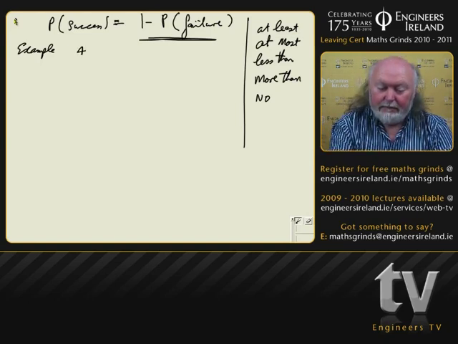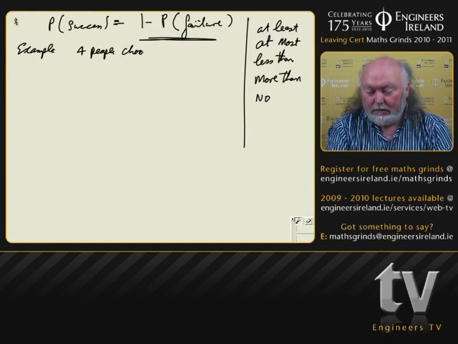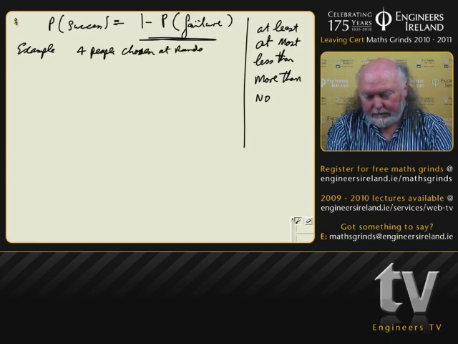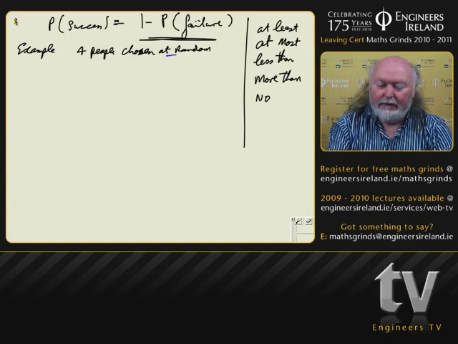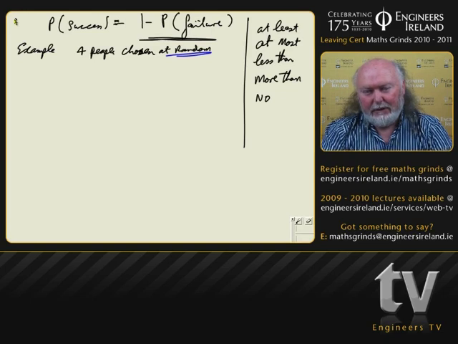Four people chosen at random. Another one of those nice words that comes in now that we're dealing with probability and the options of things. Chosen at random.